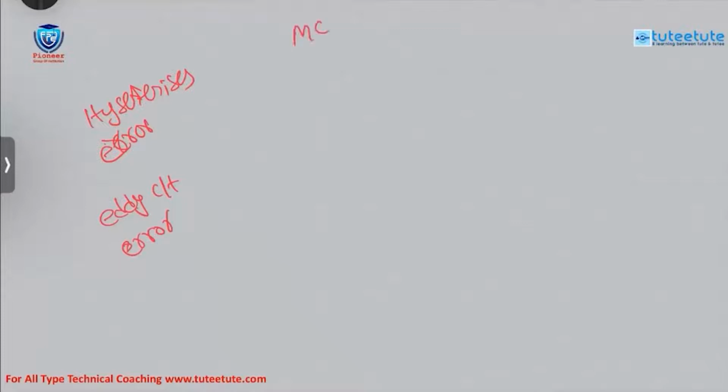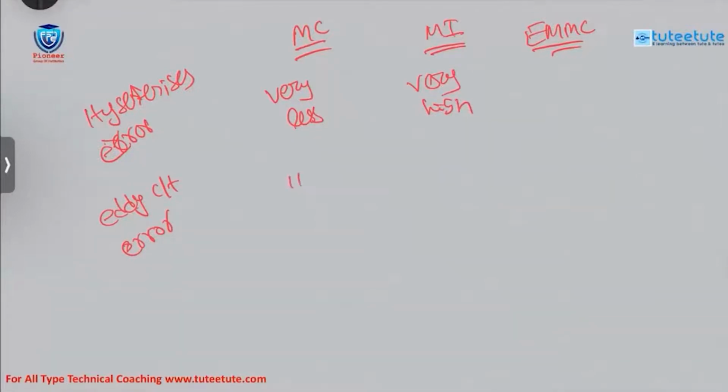We will compare with different instruments, moving coil, moving iron and EMMC. Hysteresis error will be very less in a moving coil, and very high in a moving iron. Eddy current loss is also very high in moving iron. In the EMMC meter, it is 0. Why is it 0?